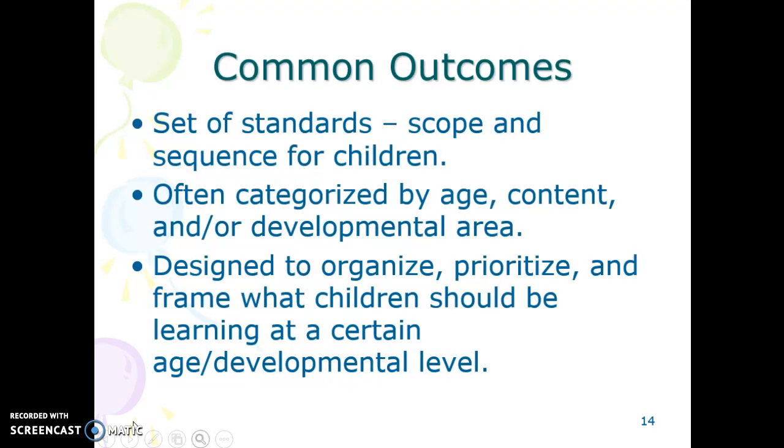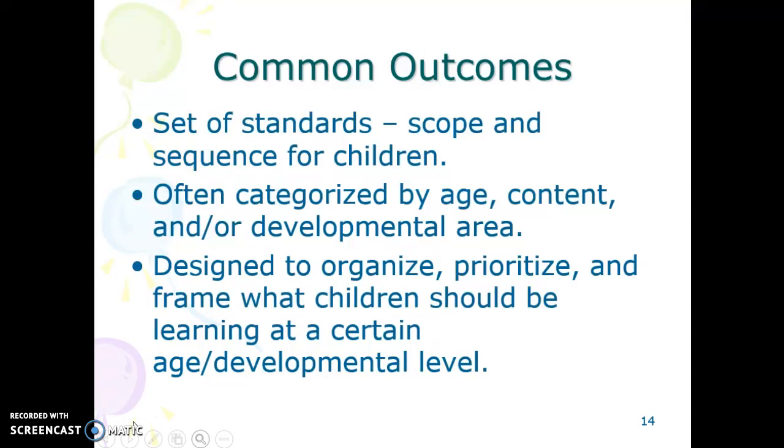A few comments about common outcomes. This is a set of standards, and oftentimes following a set of standards, we're looking at the scope and sequence. So what are the topics to be addressed or to be taught, and then in what order? Often we think about our outcomes as characterized by what age, and we're talking about developmental age here.